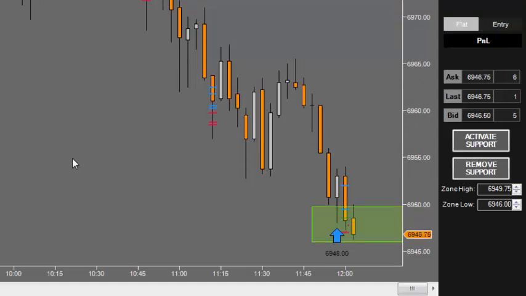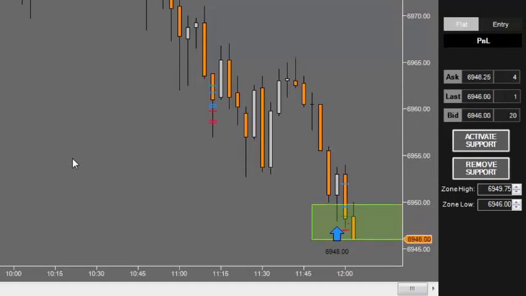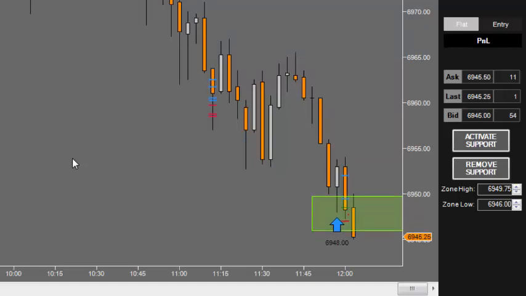And now the market's still trading in the zone, so we'll see if there's any more. Looking below, we'll see if there's anything else. Now, if by chance the market just decides to take off and move a decent amount, you know, 3-4 points or more below the zone, then I'll just turn off the zone.